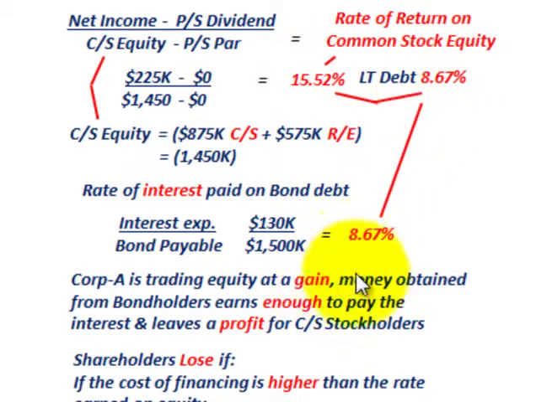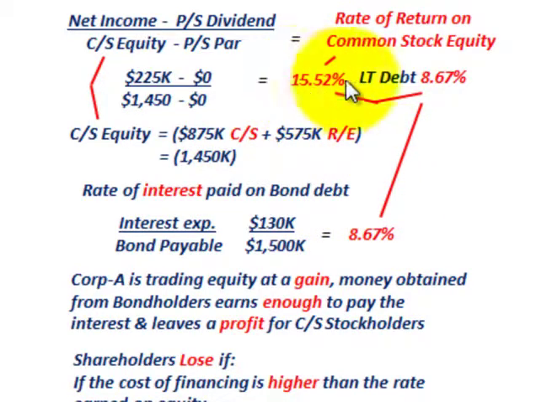In this case, the money obtained from the bondholders earns enough to pay the interest. We paid the interest, and it leaves a profit for the common stock shareholders. This is the case where you gain. We were successful because our interest rate paid of 8.67% was less than what we gained in our common stock equity.